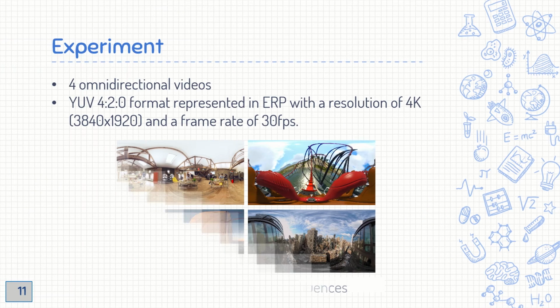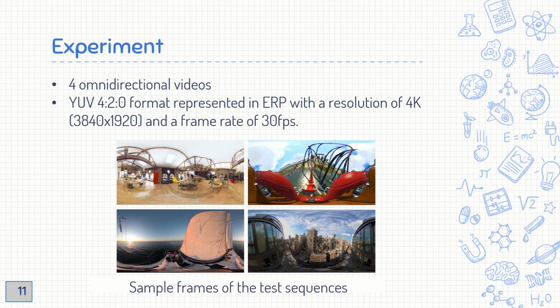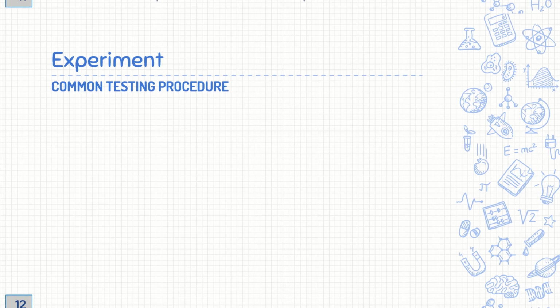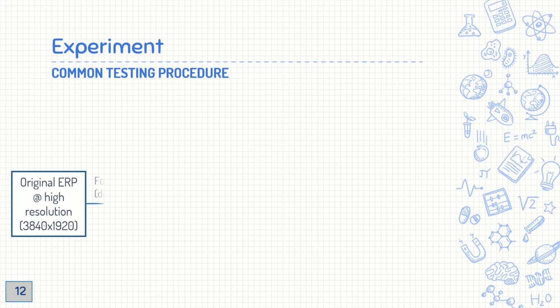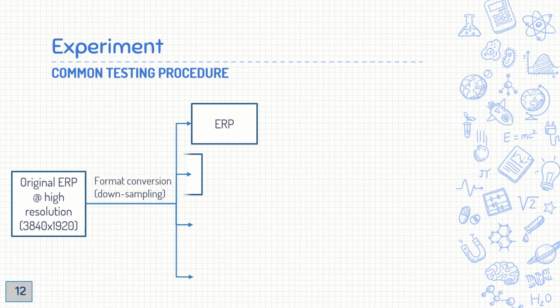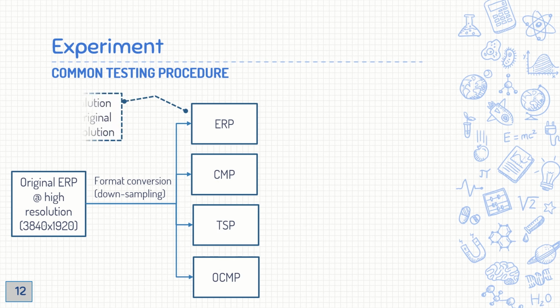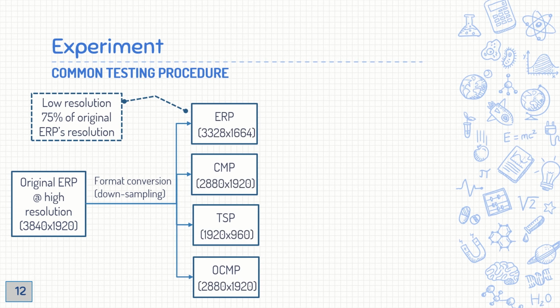We tested the offset QMap projection on 4 videos in YUV420 format with a resolution of 4K and a frame rate of 30 frames per second. The common testing procedure is as follows. Firstly, the original videos are converted to different projections with 75% of the original ERP's resolution to get a more accurate result.